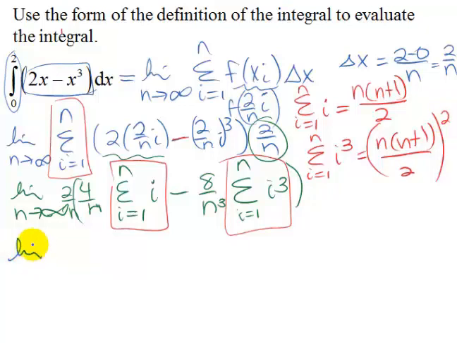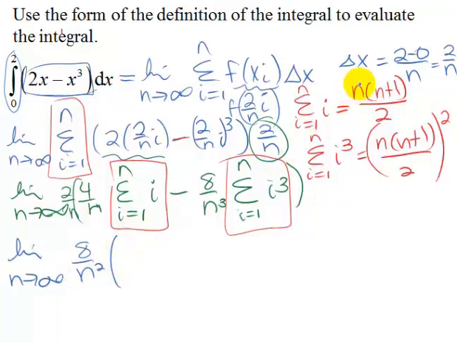So we have the limit as n approaches infinity. This is going to be 8 over n squared, and then replacing that summation, and I'm going to go ahead and distribute this through as well.